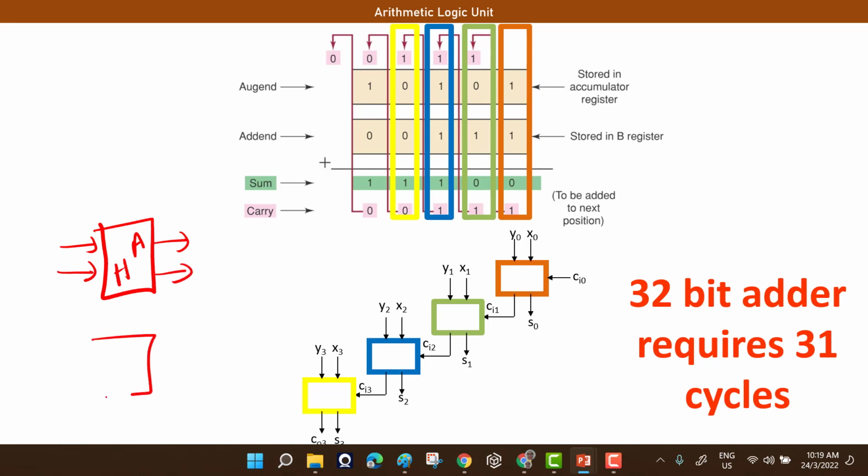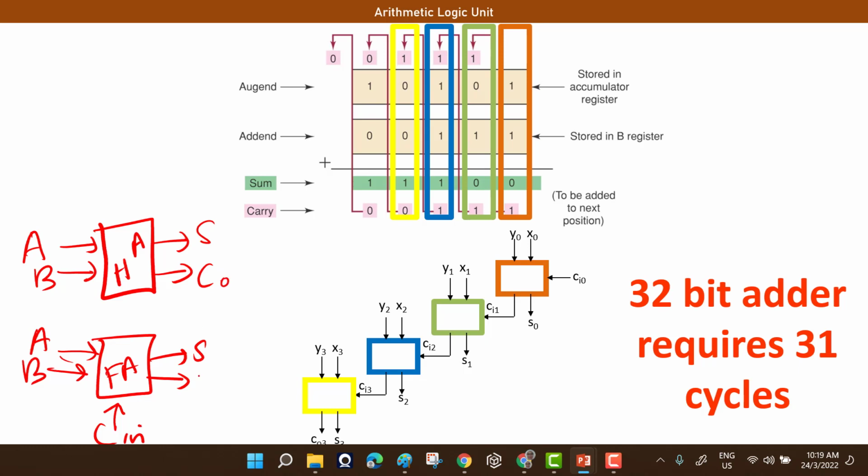A half adder only caters 2 inputs, whereby these 2 inputs only cater 1 bit per time. When you have a full adder, you will address 3 inputs at one time: A, B, and C in. And in both cases, you would have your sum and also your C out.